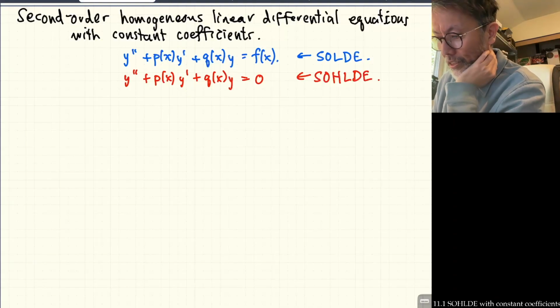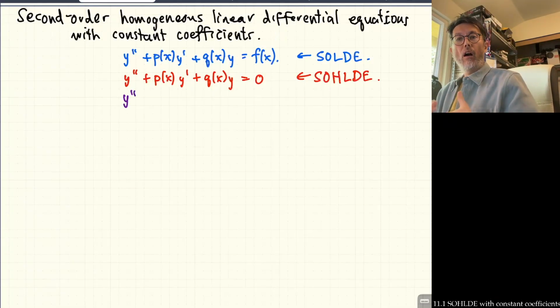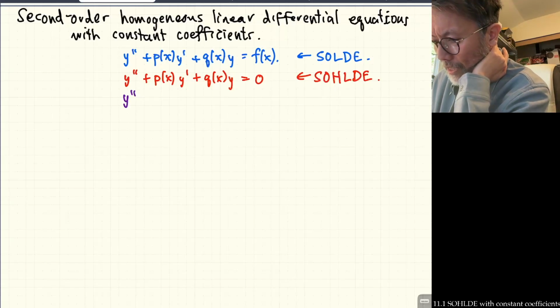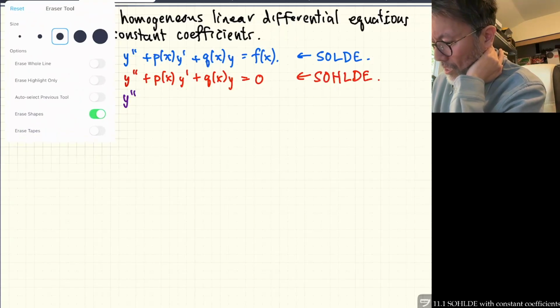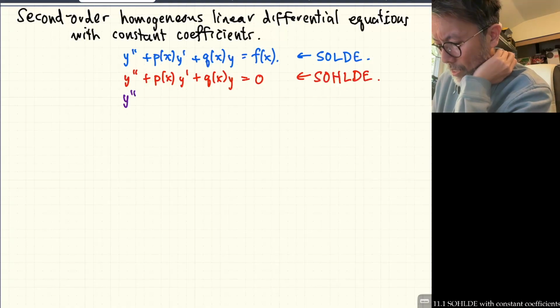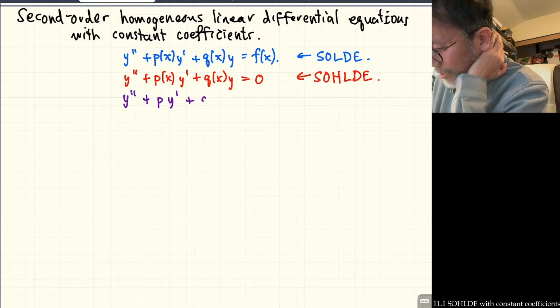And then finally, we are going to narrow even further to a situation where the p and the q are constants. Instead of writing p of x and q of x, I'll just write p and q, shall I? So plus p y prime plus q y equals 0.